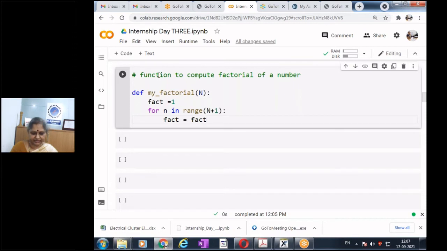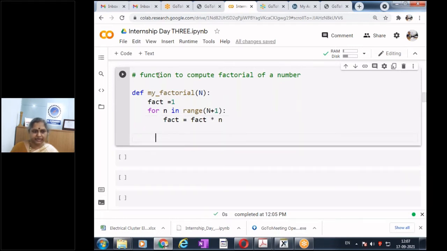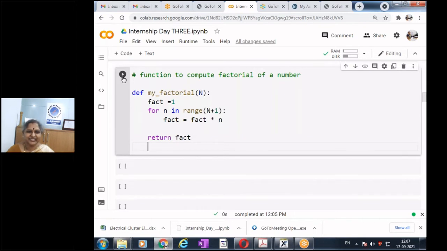Fact is equal to fact into n. And then I return. Yes, here Shashank has written a very efficient code. Yes, thank you. So now let us see whether this works.